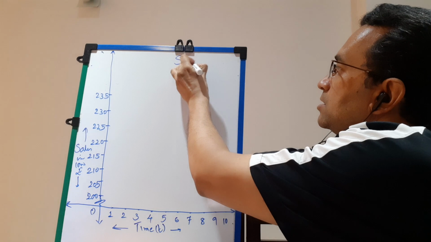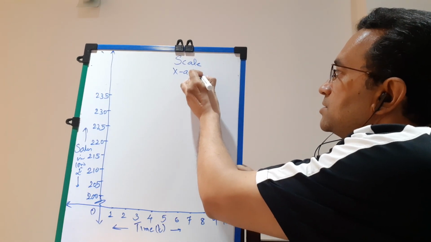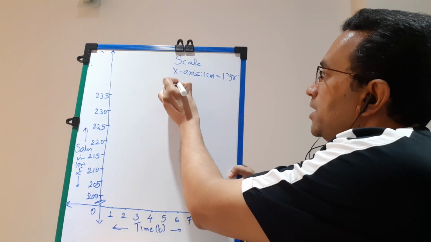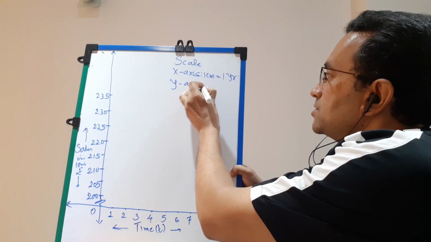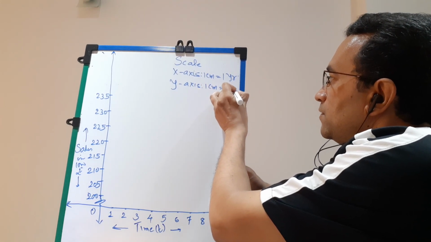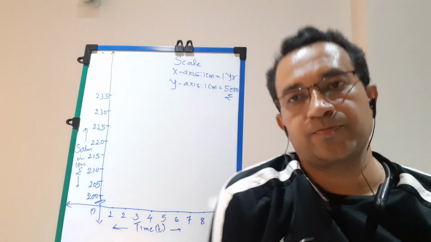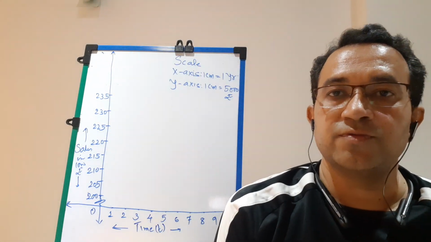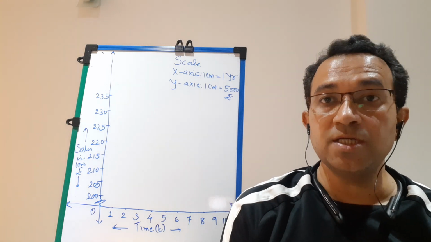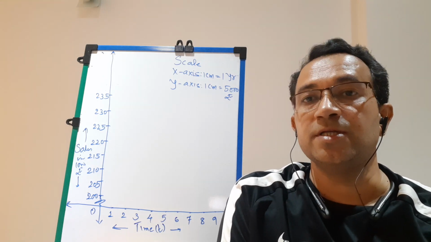Scale: x-axis 1 centimeter is equal to 1 year, and, students, y-axis 1 centimeter is equal to 5000 rupees. 5 units, the unit is in 1000. So be careful, students, we have to write 1 centimeter is equal to 5000 rupees. Don't write 5 units; that is correct, but the unit is in 1000.